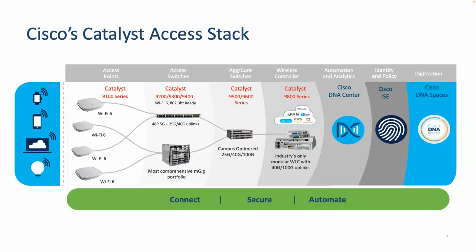In this access network portfolio, as you can see from the slide, we have the Catalyst switches for core switching and access switching. Apart from that, we have the wireless products along with DNA Center as a network controller, and ISE, which you may be familiar with, the identity and policy services provider.